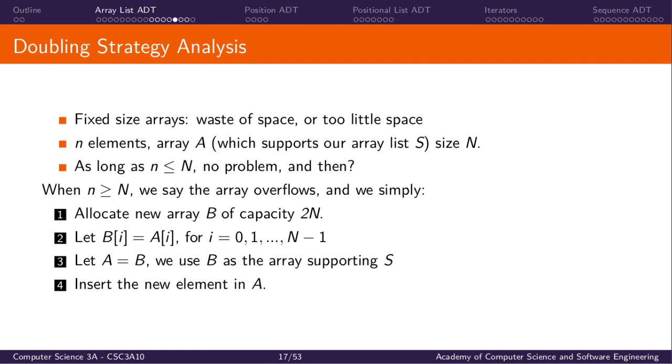Then we'll copy everything from our old array A into our new array B. We'll have to do that for everything from 0 to index n minus 1, so the entire capacity of our previous array, because it's now full. Then we let B be an alias of A, and that simply throws away the other one. We can then insert our new element because we have this new larger array.